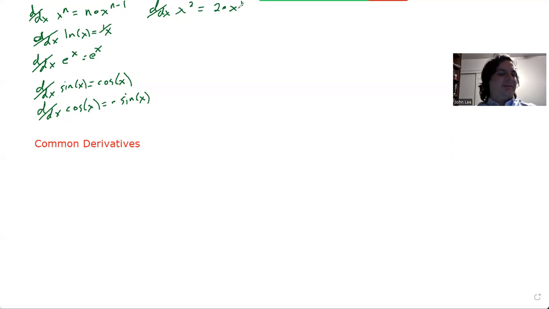So the derivative is proportional to the size of the function, and the definition of e is that the derivative of e to the x is exactly equal to the value of e to the x.